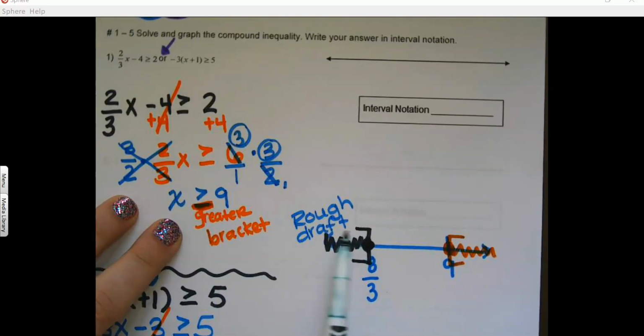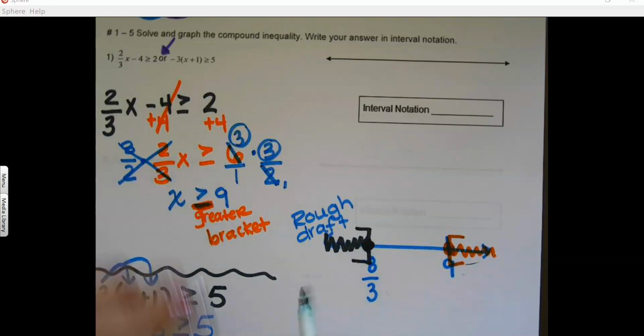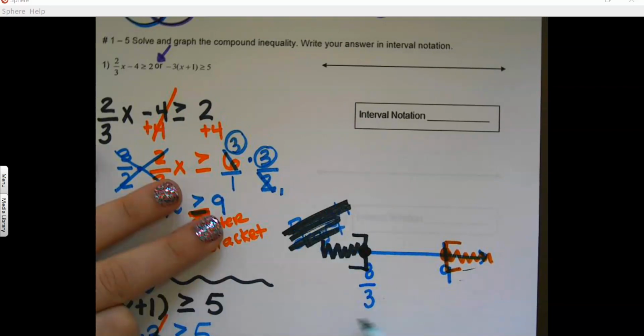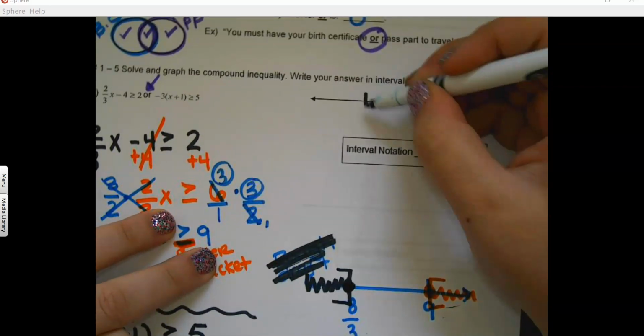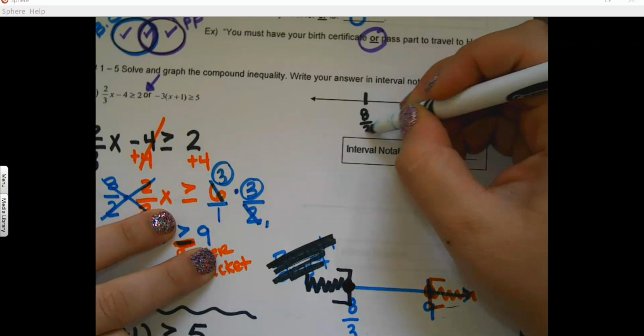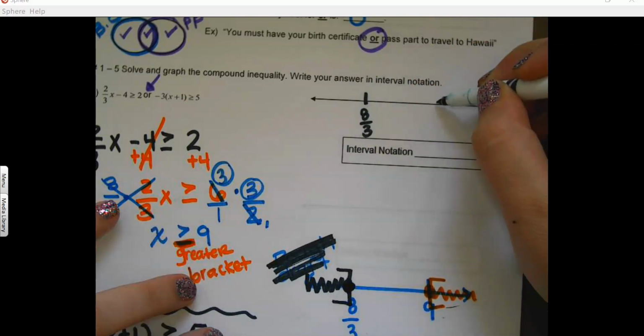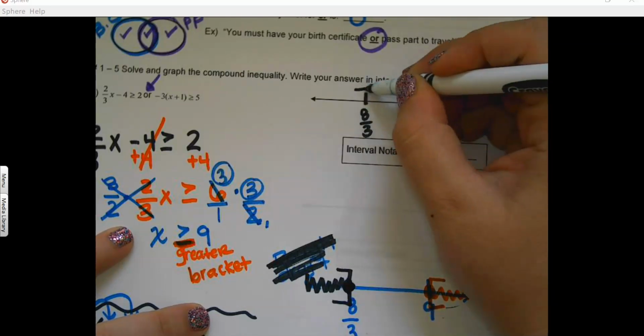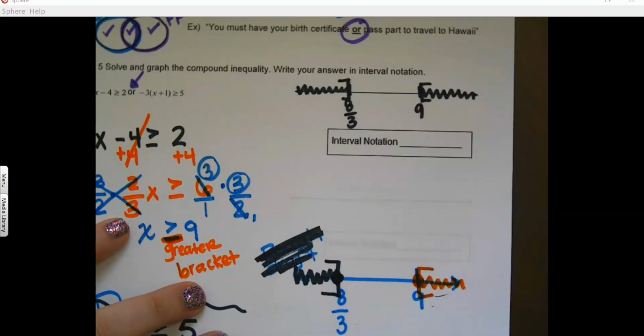So we want to include all of these, and we want to include all of these. So there's no overlapping. So this is actually, instead of a rough draft, our final answer. I'll show you one in one of the upcoming examples where you'll see why we needed to do the rough draft. So for this one, it was actually our final answer.